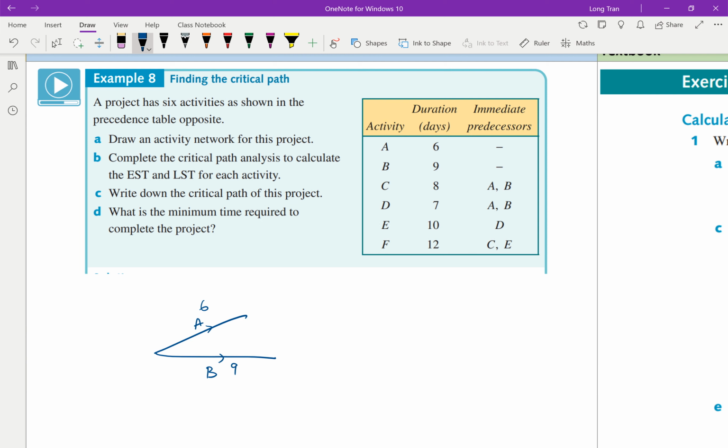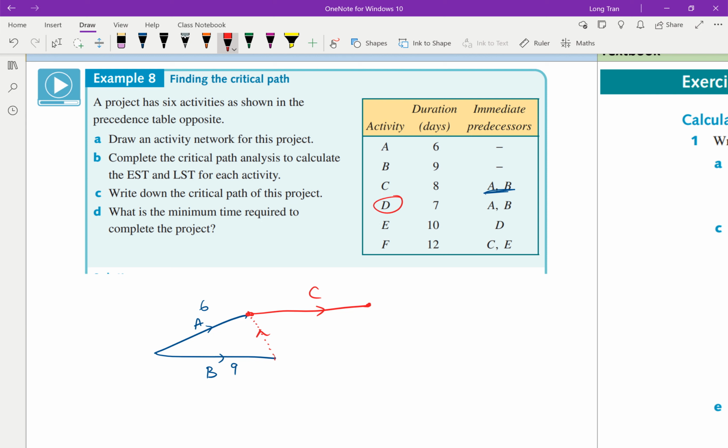Then C connects with A and B. So C must have a dummy: there has to be a dummy connecting B back to C. This is going back to what you did in 15C. Now we're going on to D.